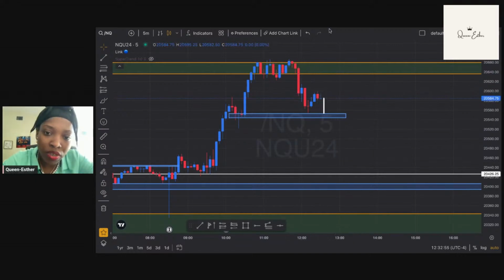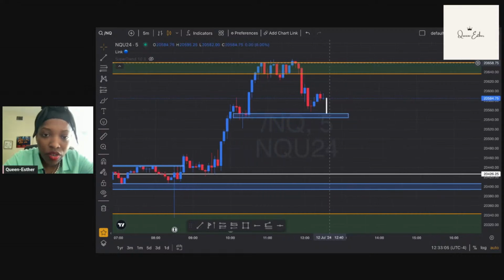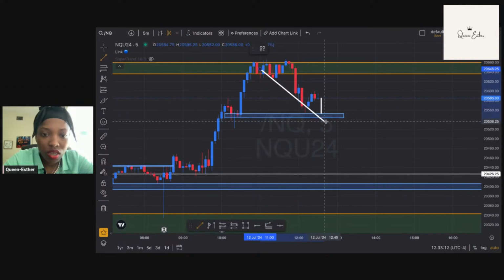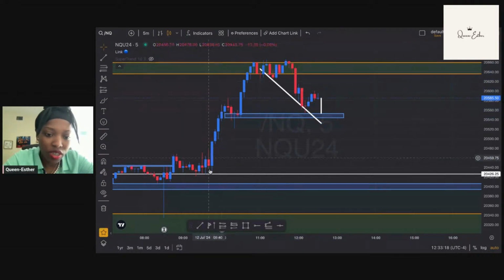Or the market can break above and continue in a bullish bias, okay? I feel like I'm forgetting the name of all these patterns that I use.